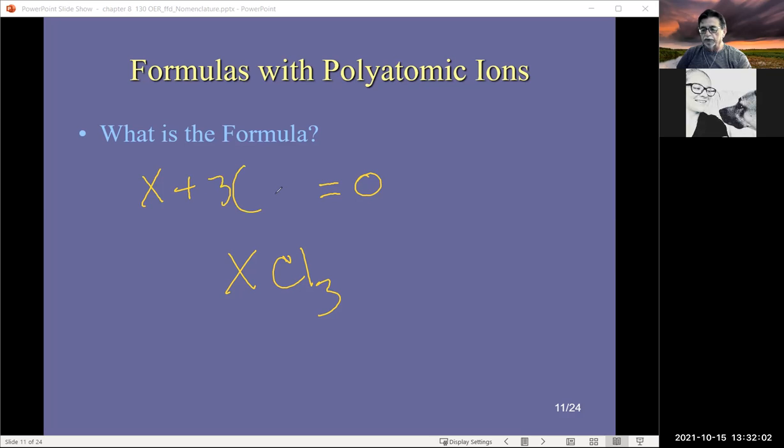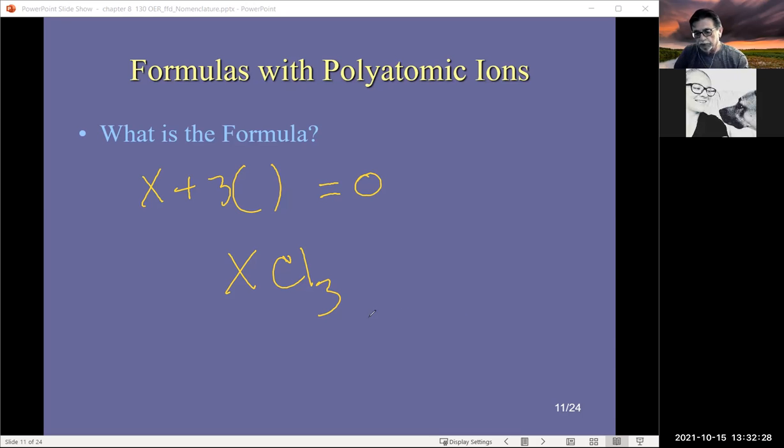And what do you know about the chlorides? What is their charge when they become ionic? What are all the halides' charges? The chloride, bromide, fluoride, iodide, what is their charge as anions? -1.